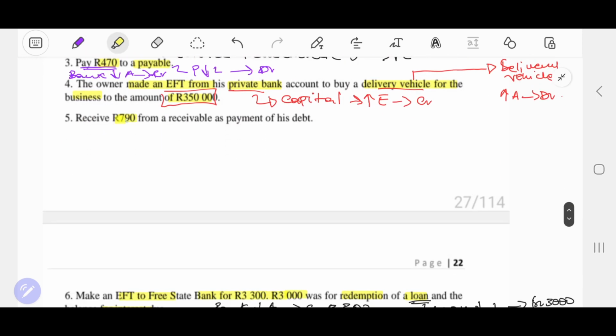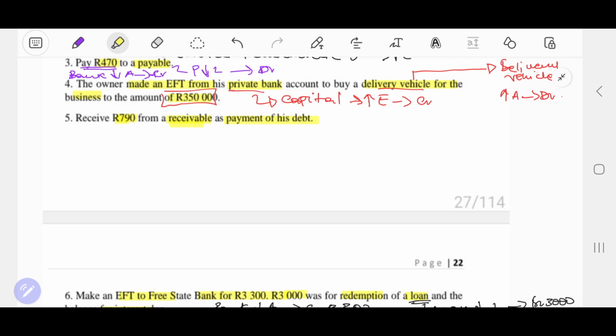Receive 790 from a receivable as a payment of a debt. So this means that, remember, I said that a receivable is an asset. So when you receive money to pay a particular debt, to pay a receivable, that's going to result in a decrease in that receivable. So that person, by paying, essentially is reducing their debt with you.